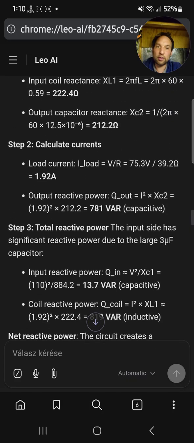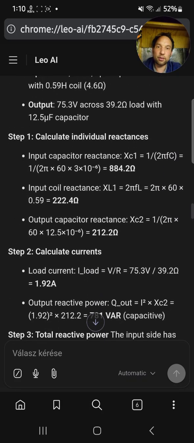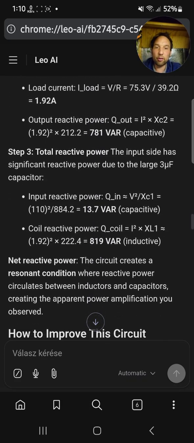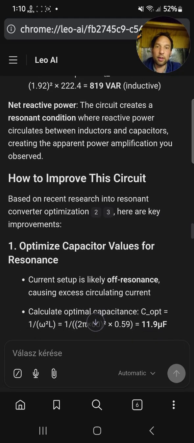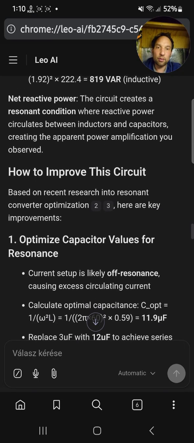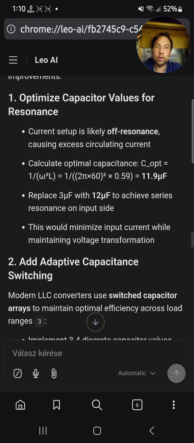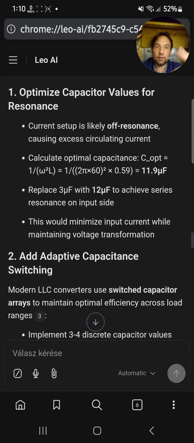He has calculated everything, reactance and all the stuff, reactive power, and I was asking how to improve it. And he says: optimize capacitor values for resonance. Current setup is likely off resonance, causing excess circulating current. Calculate optimal capacitance.